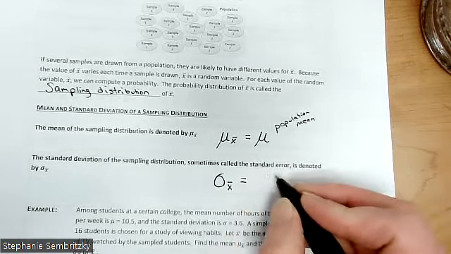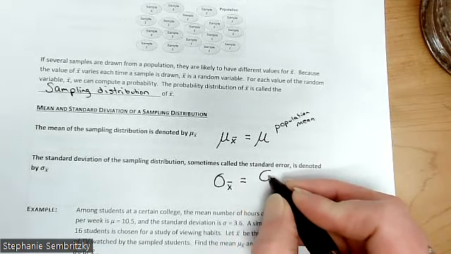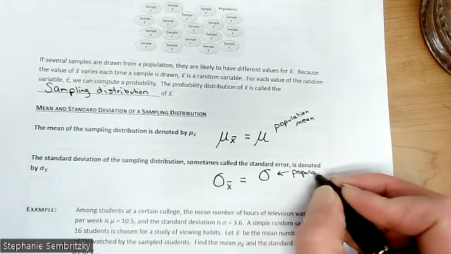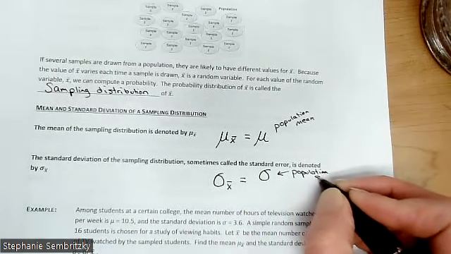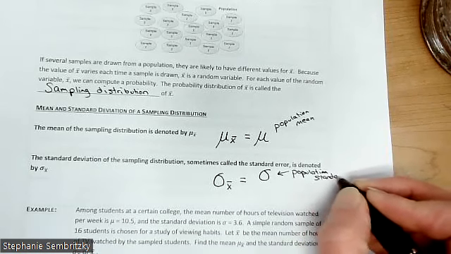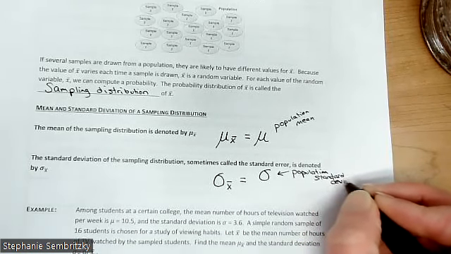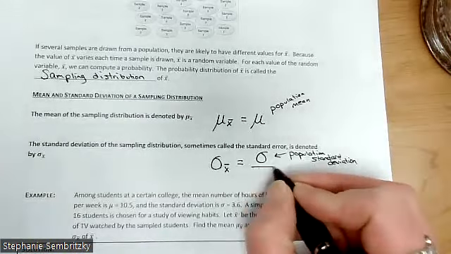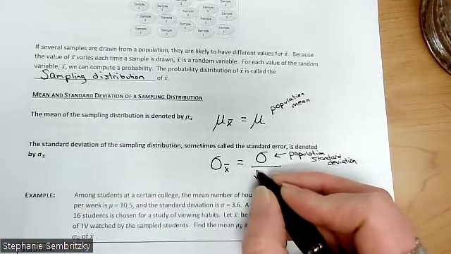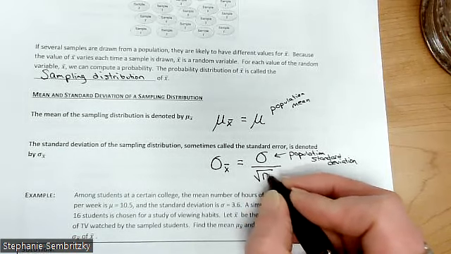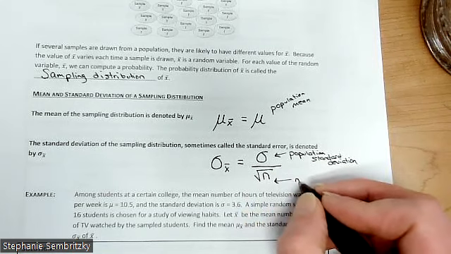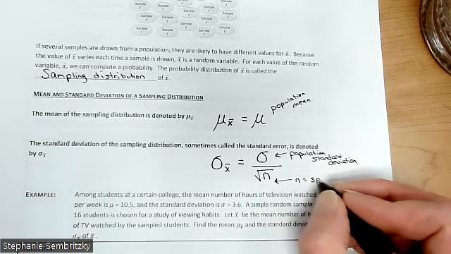What it ends up being is the population standard deviation divided by the square root of n. And n is the sample size.